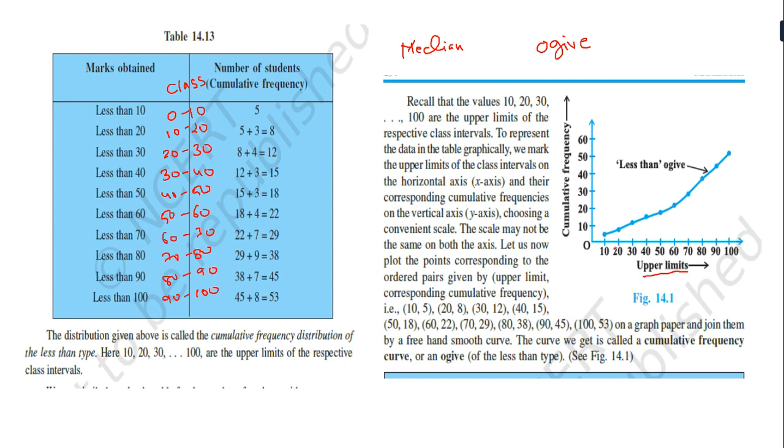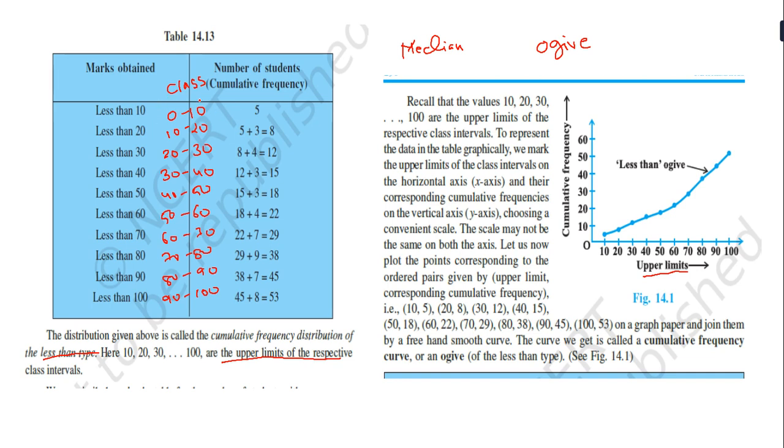This distribution is called the cumulative frequency less than type graph. So when a less than type ogive graph is there, we use the upper limit from the given classes.